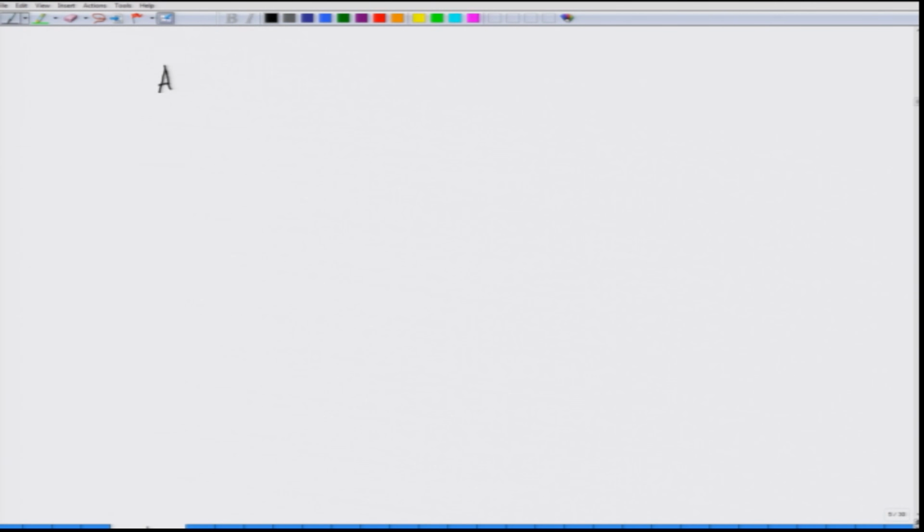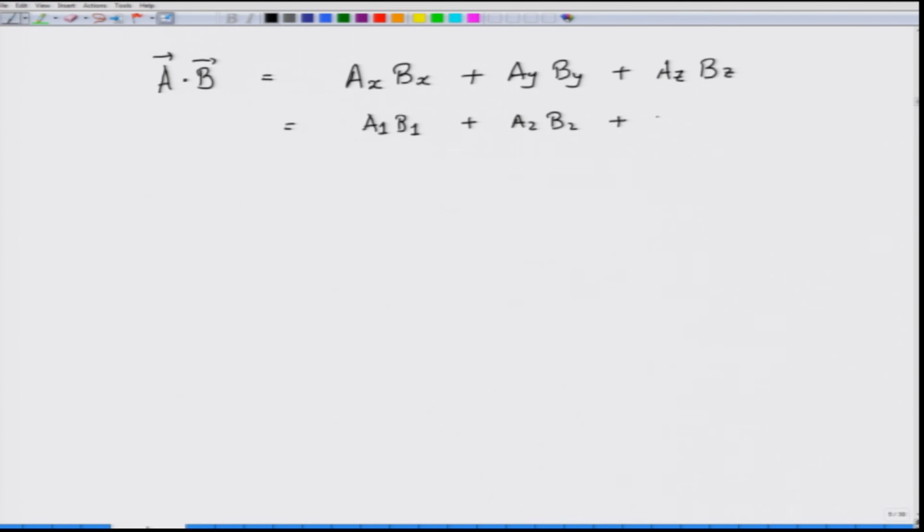So, if I take A dot B, recall from earlier lectures that this is nothing but A x B x plus A y B y plus A z B z, which I can write as A 1 B 1 in our new notation plus A 2 B 2 plus A 3 B 3, which I can also write as summation i A i B i.